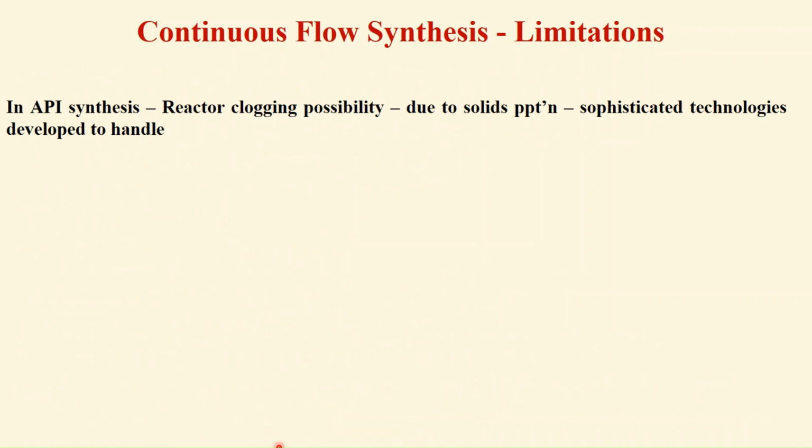microreactors. As the size is very small, a few microliters, if at all we use solid material, the flow of solid material will not be so easy, and it may clog and block the reactor, and the solid may precipitate during the process of synthesis, and this clogging is one of the major problems faced in continuous flow synthesis using microreactors.